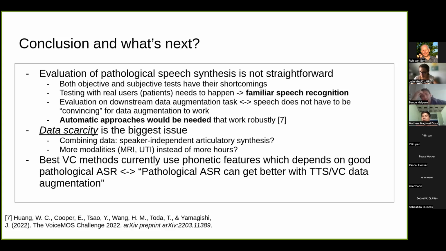Yeah, that's a good question. What I try to do in many of my works is to do multiple evaluations, always to make sure that we are really measuring the thing that we want.